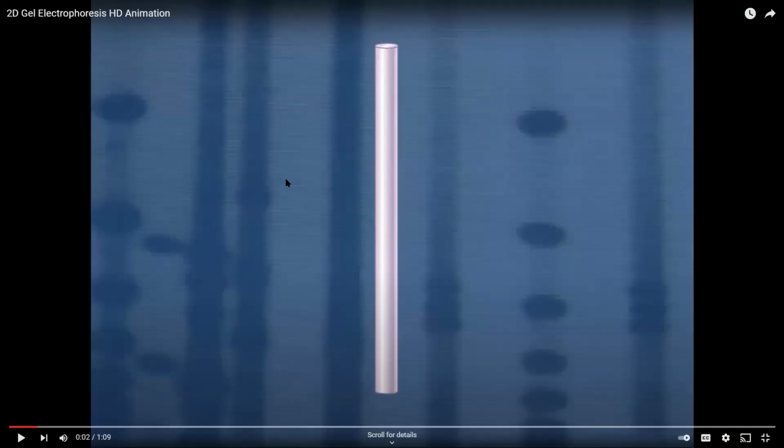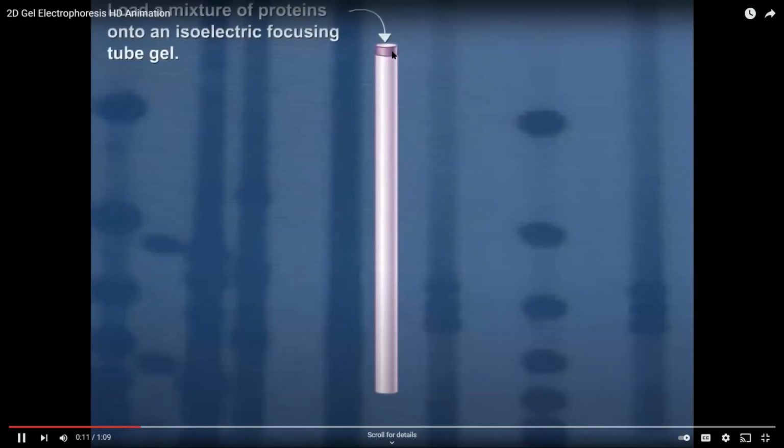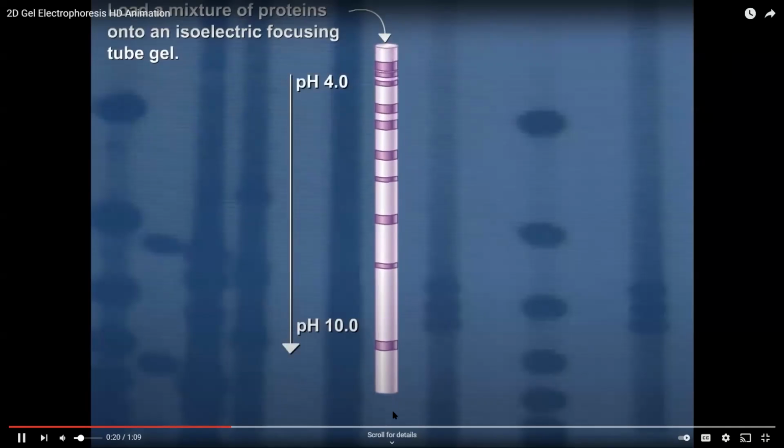The first step is a procedure for separating a mixture of proteins into spots on a gel. In the first dimension, proteins are separated in a tube gel. We take a tube with a pH gradient, and when we load a protein sample, the proteins are separated on the basis of their isoelectric point.